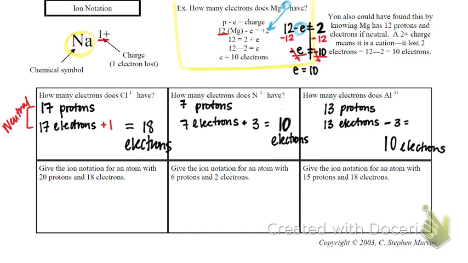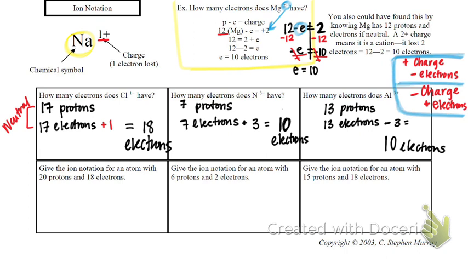So make a little note. Positive charge means minus electrons. A negative charge means you added electrons. Any other questions about that part?